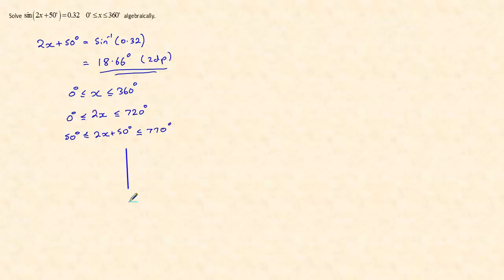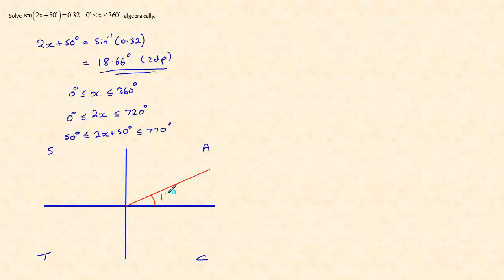So, let's use a CAST diagram. Remember, A, S, T, C. And our first solution was around here at 18.66. This is what's known as the principal value.